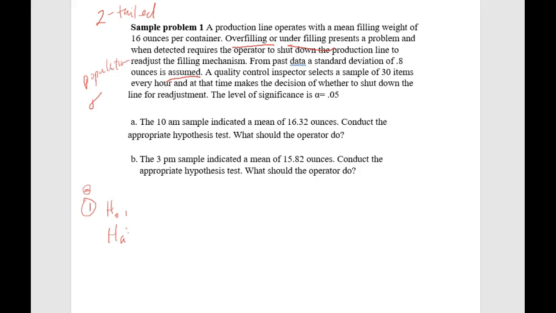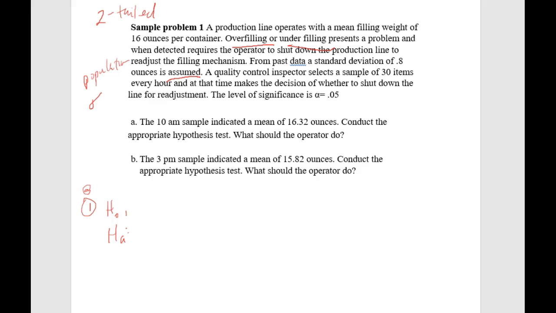Sometimes you'll say that we believe that mu is a certain number, but it depends on which way you expect it's going in terms of how you write out that hypothesis. And you'll see what I mean as we go along. But in general, we want to look at what HA, the alternative hypothesis, is first.